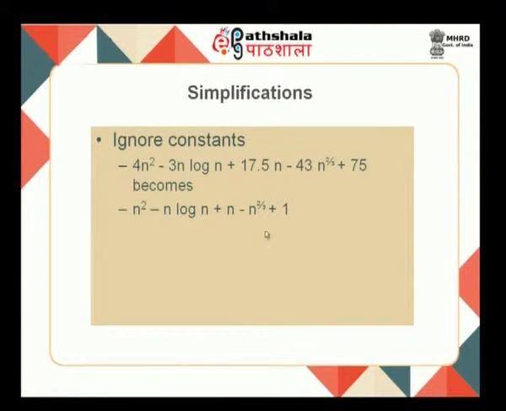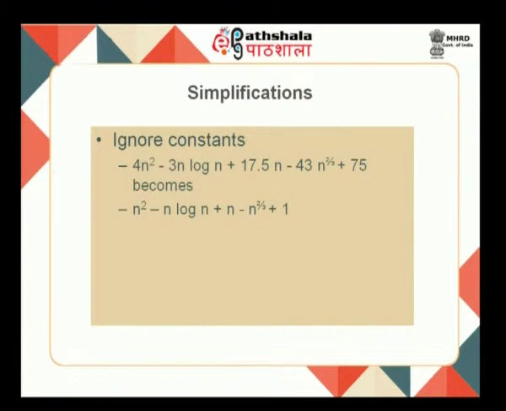So, in asymptotic analysis, we can ignore the constants. For example, if T of n is a big function like this, then we can ignore all these constants, because these constants are not going to matter. For example, if algorithm B takes 2000 seconds and algorithm C takes 2001 seconds, that one extra second is not going to matter at all.